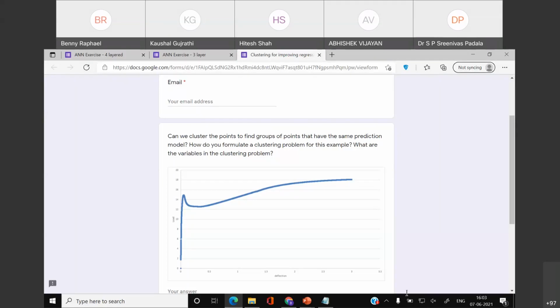Probably just deflection and the slope is good enough. And slope is used in many machine learning applications. For example, even in images, we compute the histogram of gradient. Gradient is a very useful information which is used in many machine learning applications. So slope is something which comes naturally.